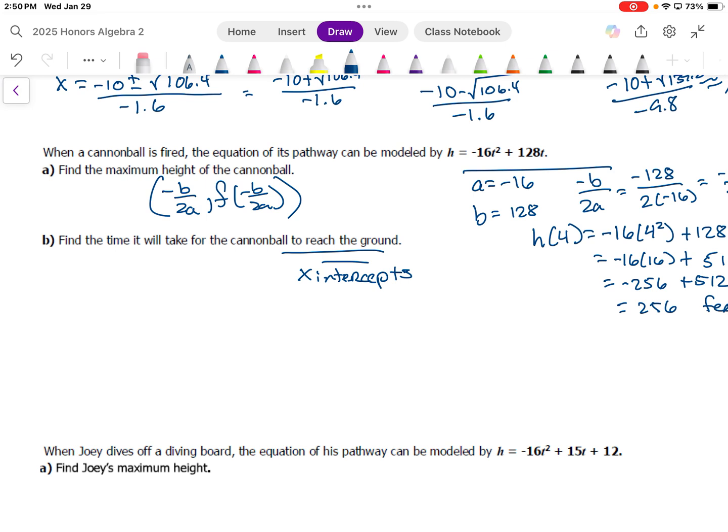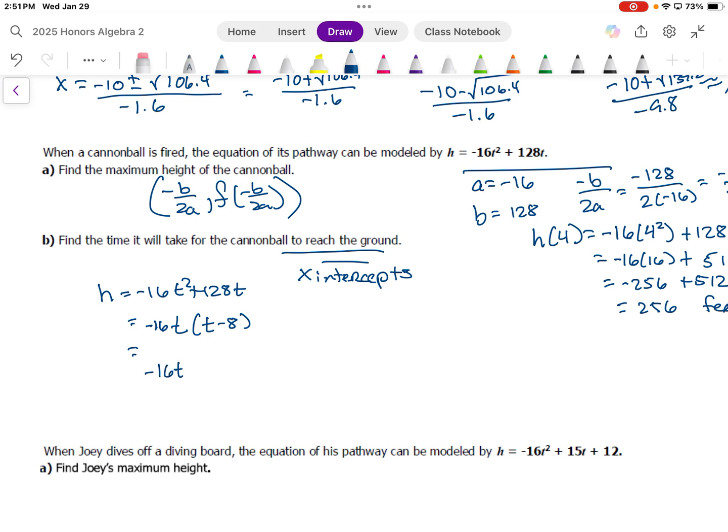Okay? So with that in mind, I can factor this one. That's factorable. So I can take out at least a t. Does 16 go into 128 evenly? Yeah, it goes in there 8 times, right? So I can take out a negative 16t. That leaves me a t minus 8 in the parentheses. And then now I use the zero product property.